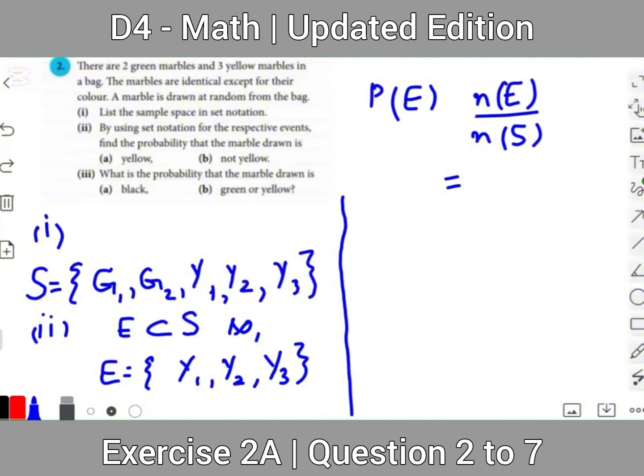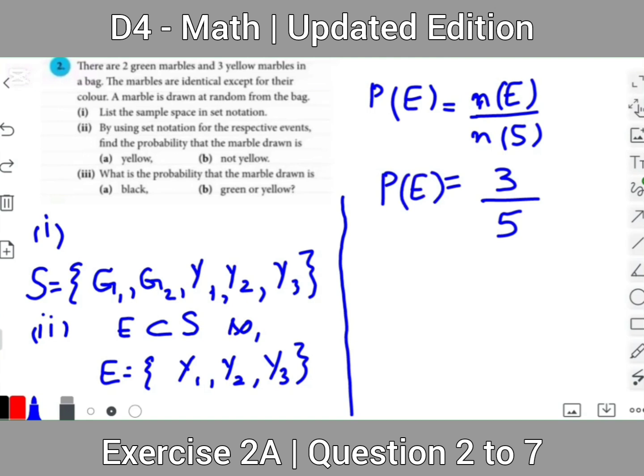Probability of any event can be found by using the formula: probability of event is equal to total number of elements in an event divided by total number of elements in the sample space. So the number of elements in the event is 3, and the number of elements in the sample space, as we can see, is 5. So the probability of event E will be 3/5.